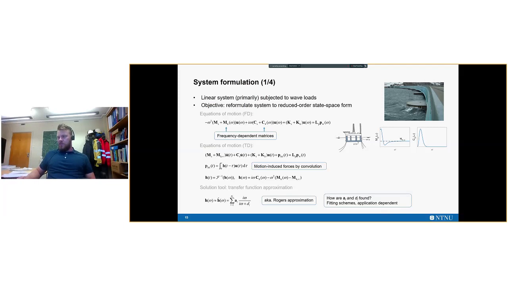So our solution tool for this is so-called transfer function approximation, which is on the form of Rogers approximation. It is a rational transfer function that we use as a modeling tool to estimate this added mass and potential damping effects.